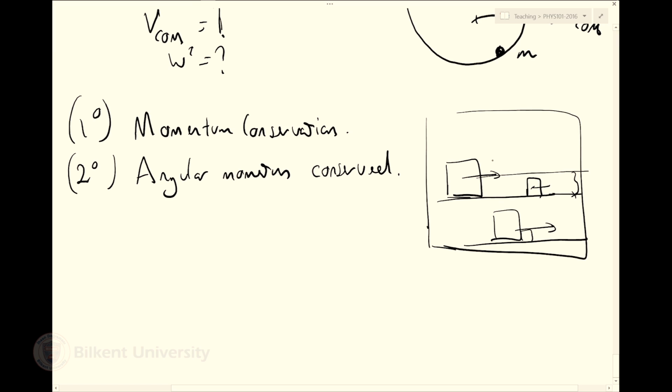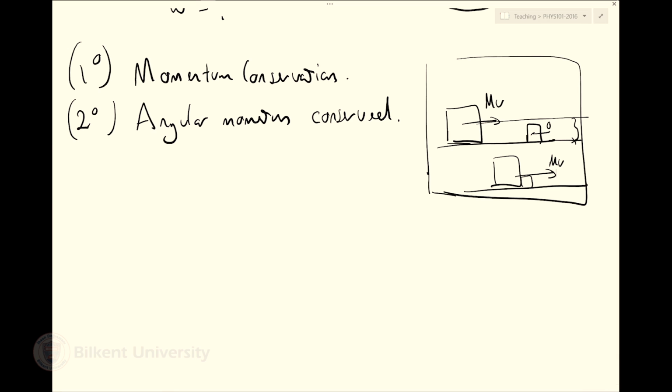Here momentum will be conserved, right? So I'll have mv, let's say 0. I'll again have mv here. But angular momentum is not going to be conserved because there will be torques coming from the floor. There will be no net force on that, but there will be torques there. So do not generalize. Please look at the system separately. Now that's a good question, by the way.